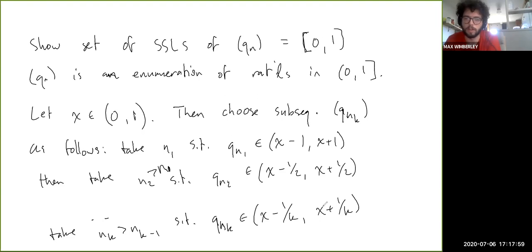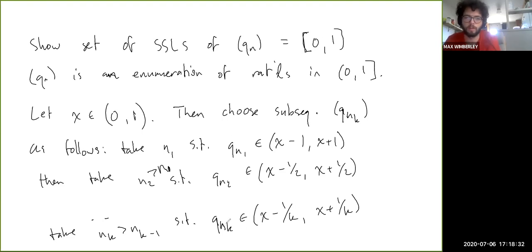So it can't be that every rational number in this interval already appeared in the sequence, because we only looked at nk minus 1 terms, a finite number. We couldn't have exhausted every rational number in this interval. So there has to be a rational number that has not been listed yet in the first nk minus 1 terms.